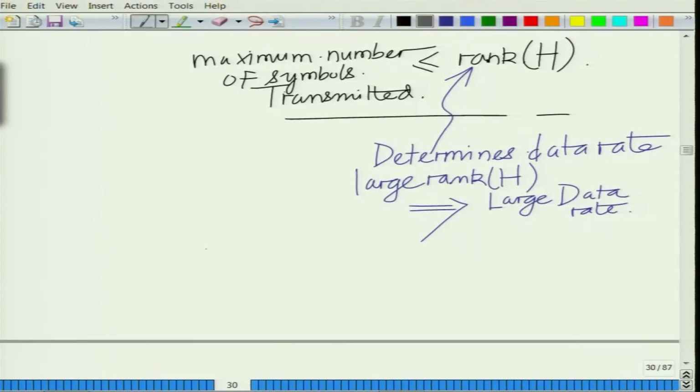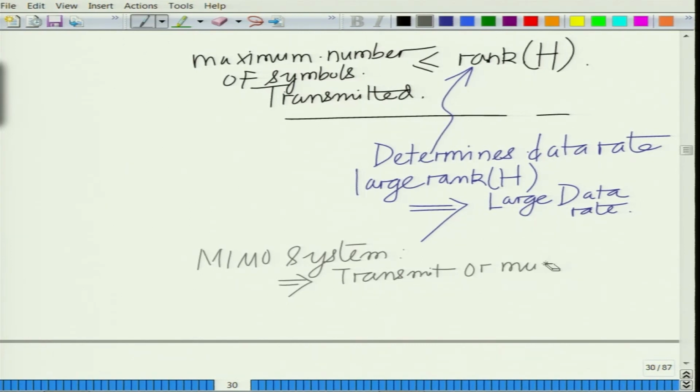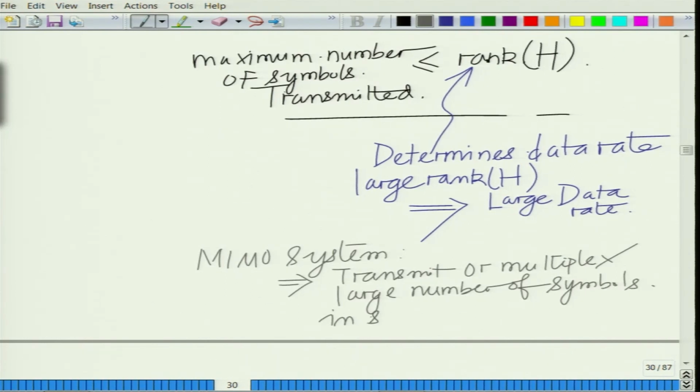So, H, because of the MIMO system, essentially implies you can transmit or multiplex a large number of symbols in the same time slash frequency.